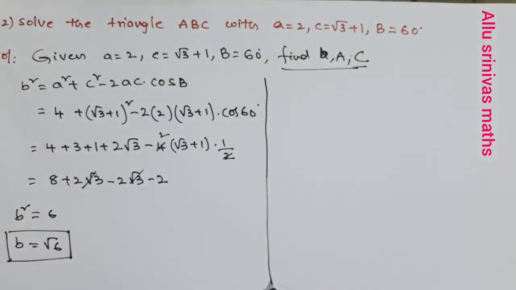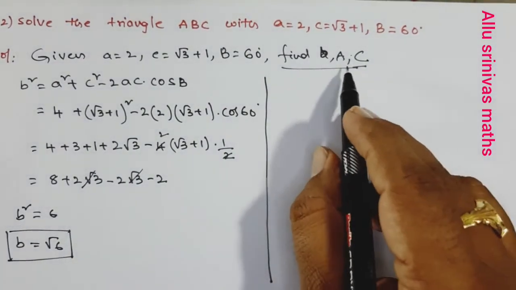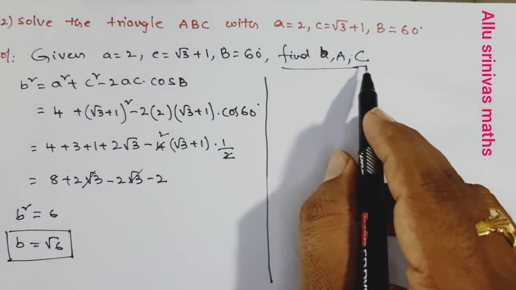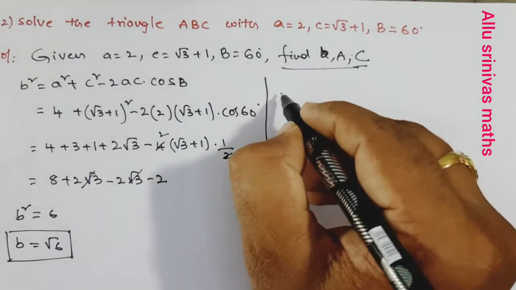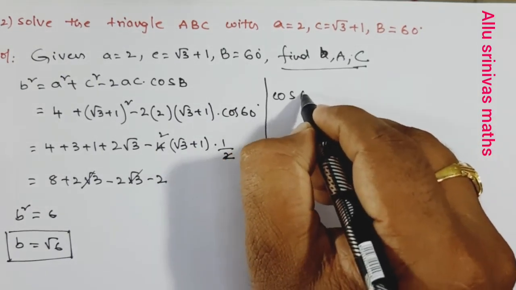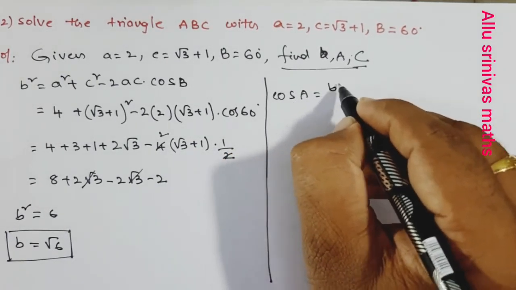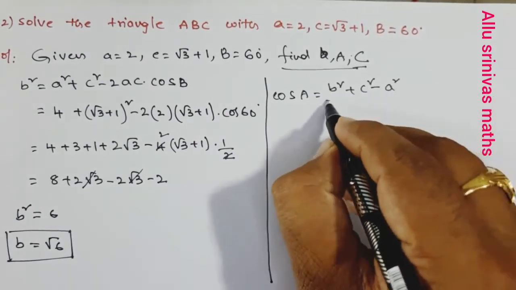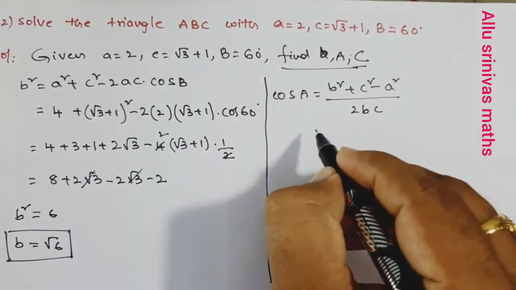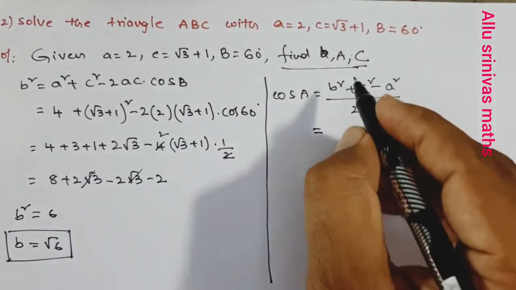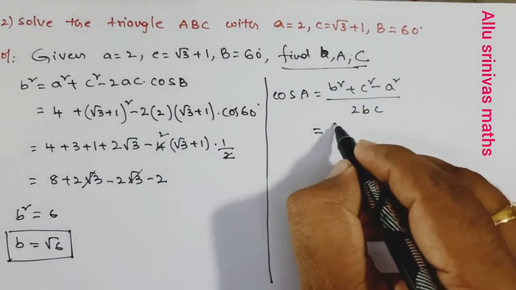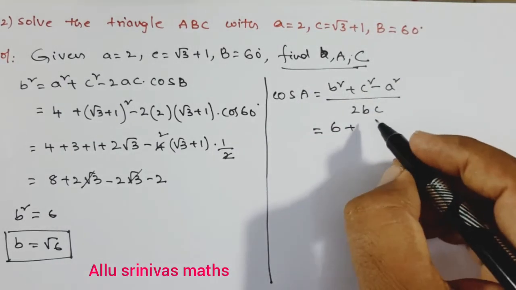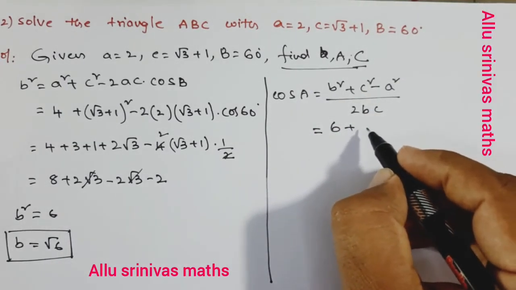Next we have to find angle A and angle C by using the cosine rule. Cos A equal to b square plus c square minus a square by 2bc, where b square is 6 and c square is root 3 plus 1 whole square.